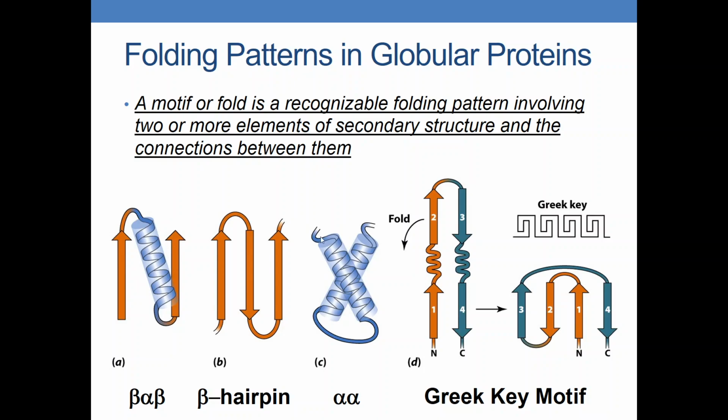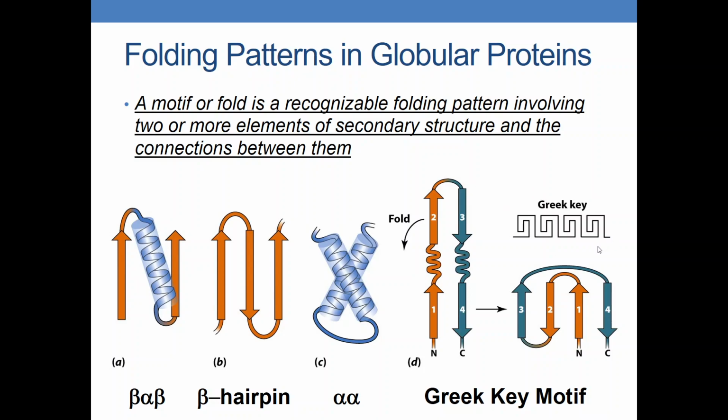There are other motifs like the alpha-alpha motif, or I love this one, the Greek key motif. In the Greek key motif, you have 4 beta strands that in primary sequence would be laid out like this, but they actually fold to give something like this, which is consistent with the Greek key motif.